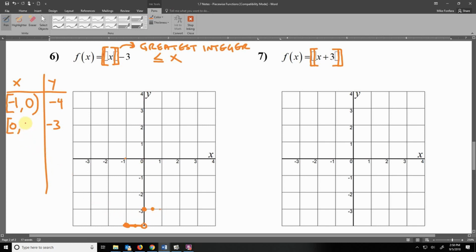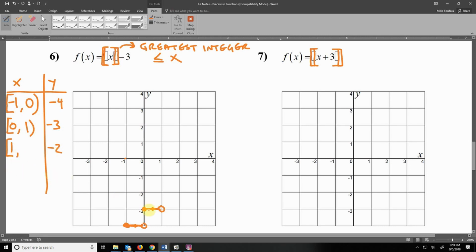All the way up until I get to the number 1, but not including 1, because once I get to 1, my output changes. The greatest integer less than or equal to 1 is 1, minus 3 is -2. So from 0 all the way up to, but not including 1, I had an output of -3. Once I got to 1, I got an output of -2.